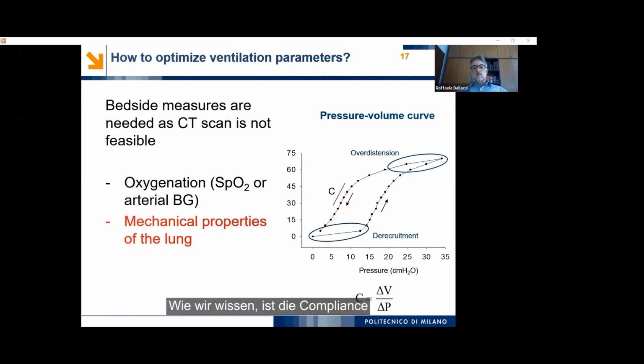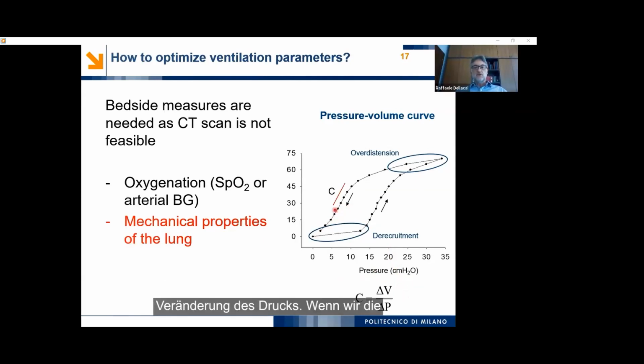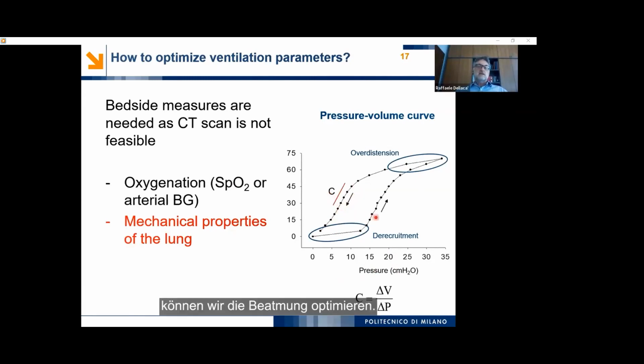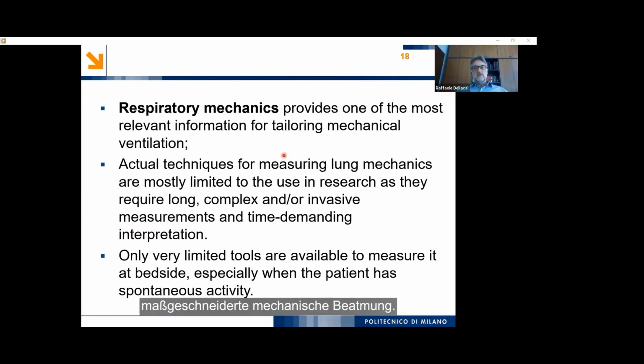As we know, the compliance is just the ratio between the change in volume and the change in pressure. Knowing the compliance of the lung at the different standing pressures would therefore allow us to optimize ventilation. So respiratory mechanics provides one of the most relevant pieces of information for tailoring mechanical ventilation.